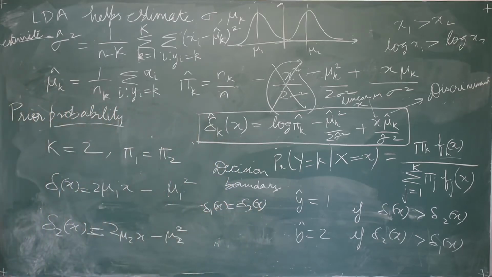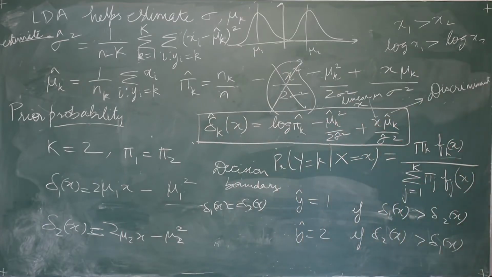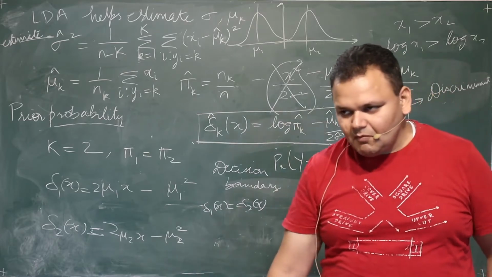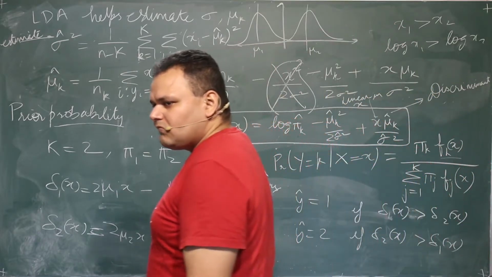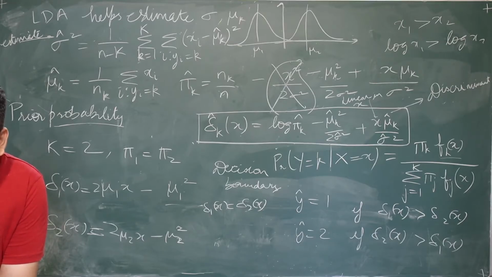What does that come out to be in this particular case? What is our decision boundary in this case? Calculate it. At what value of x?